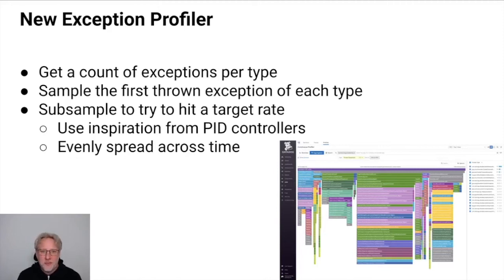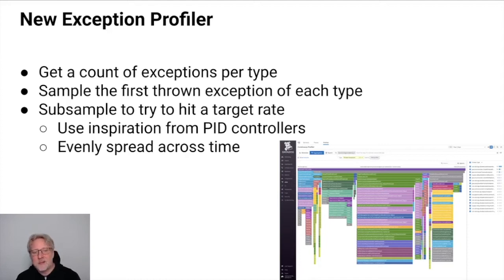So the new exception profiler has two different kinds of events. One is getting exceptions per type. So we emit them at chunk rotation. On a new chunk, we get an event for each of the exception types and get a count for them. And we sample the first thrown exception of each type.